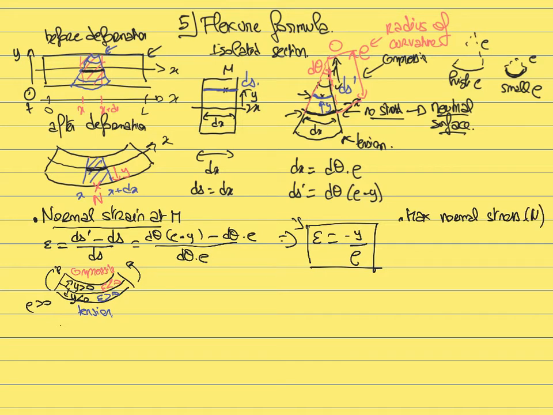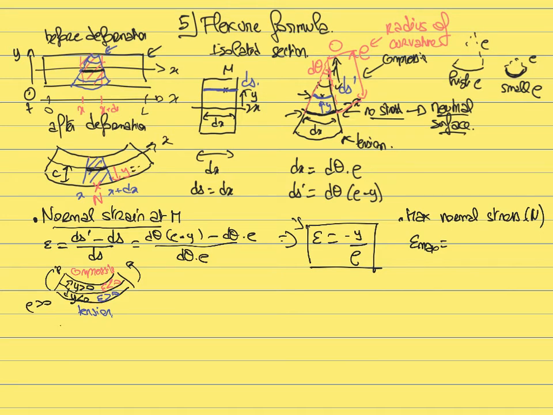And if I want to calculate the maximum value of the strain, it's going to be when y becomes equal to minus the maximum distance from the longitudinal axis x. Let's assume that we define c as the distance between the very bottom of the beam and the x-axis.